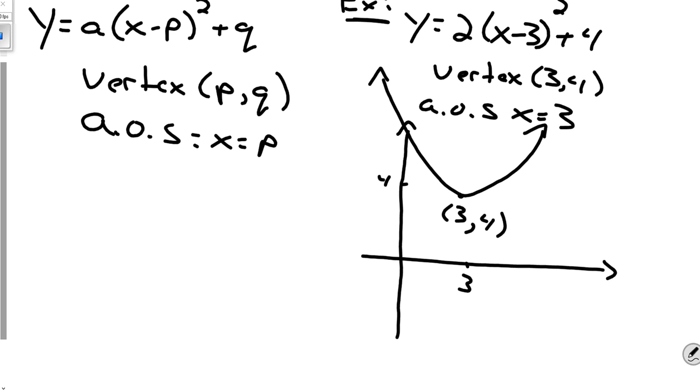There's my vertex. My axis of symmetry is just a line that cuts the graph right down the middle. X equals 3. So far, so good?